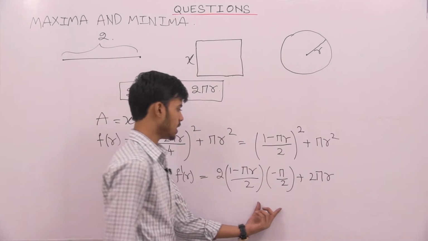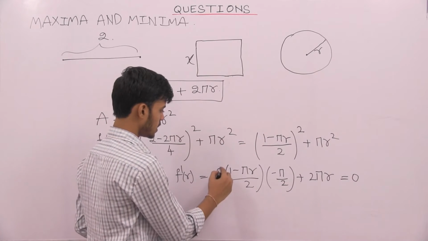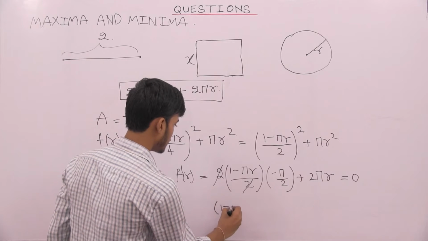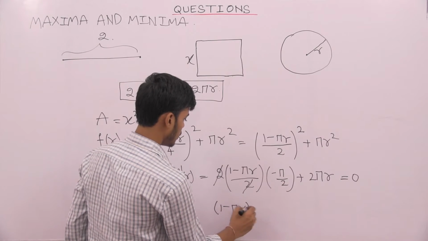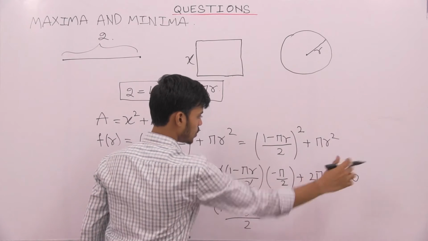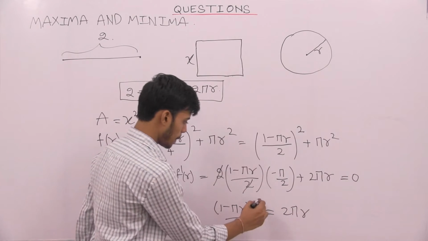Now as I have said, this has to be equal to 0, so 2 can be cancelled, and 1 minus pi r into pi by 2, sending this to the other side, this would become equal to 2 pi r.